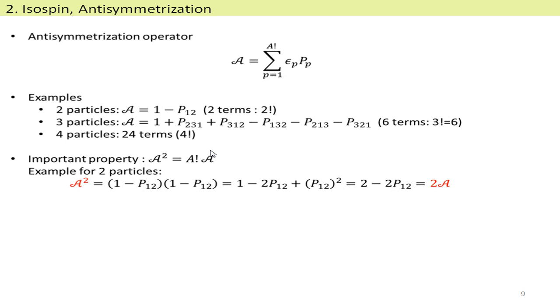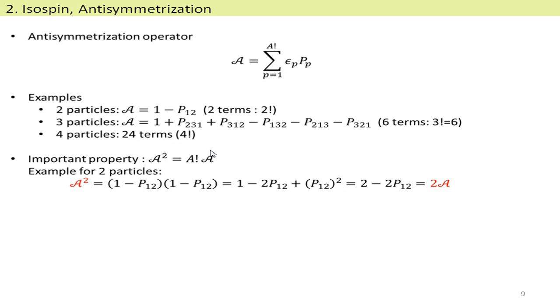Now, if you consider three particles, then you have 6 terms. Of course, one corresponds to no permutation, no change in the ordering of the nucleons. And then you have the 5 possibilities here, which represent the number of permutations that you can construct from 3 elements. And some of them have a positive sign, and some of them have a negative sign.